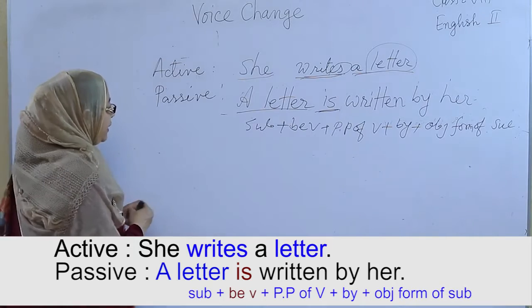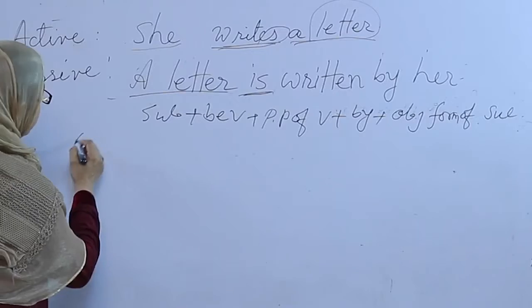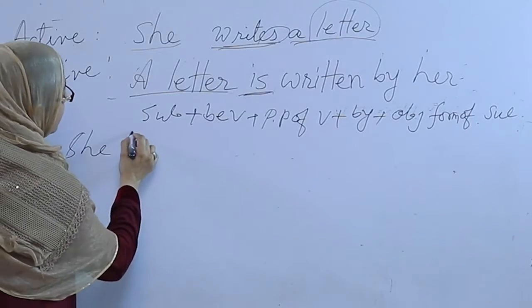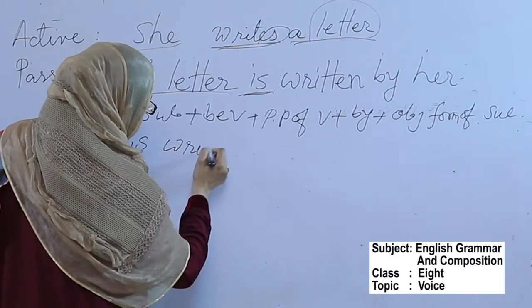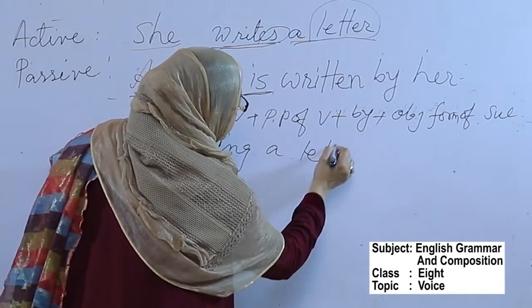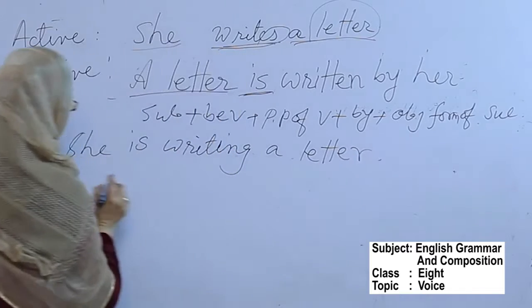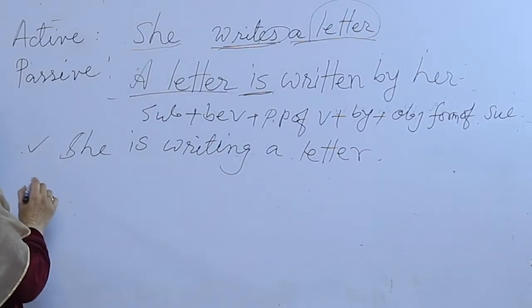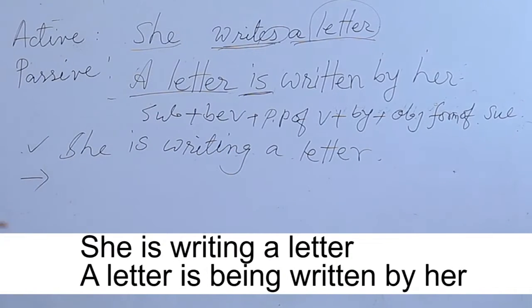Again I write another sentence. This is the present continuous sentence. How can I turn it into passive?